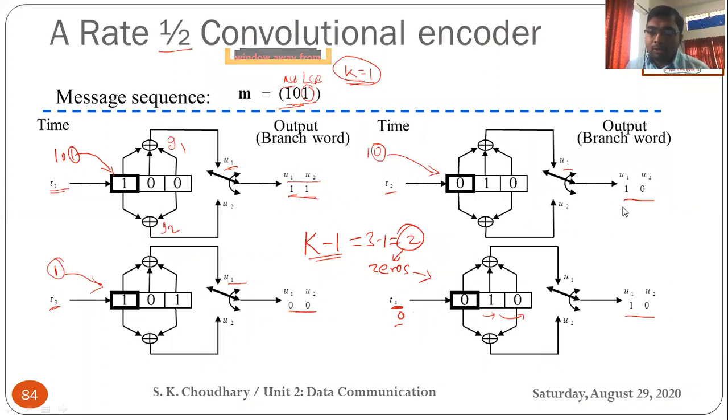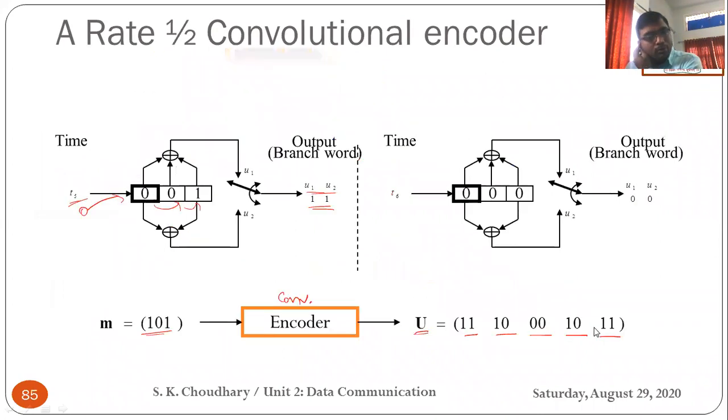So this is the resultant code word. For a 3-bit input string and the addition of the 2 flush bits, a total of 5 input bits, you would be able to generate a 10-bit output sequence. So your resultant code word is 11, 10, 00, 10, 11.